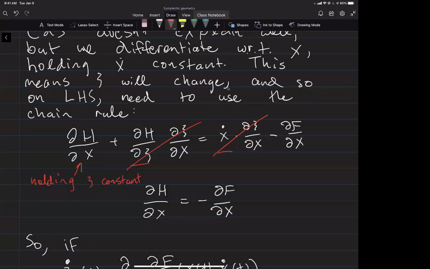And again, if you're thinking about this in terms of potential and kinetic energy, the kinetic energy doesn't change when you change where you are in space. So its derivative is 0 with respect to space. And so you're only getting the derivative of the potential energy on the Hamiltonian side and minus the potential energy on the action side. All right.